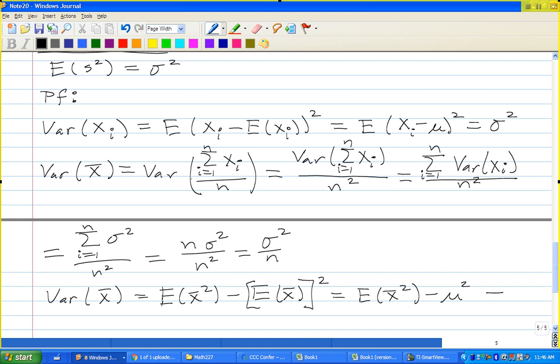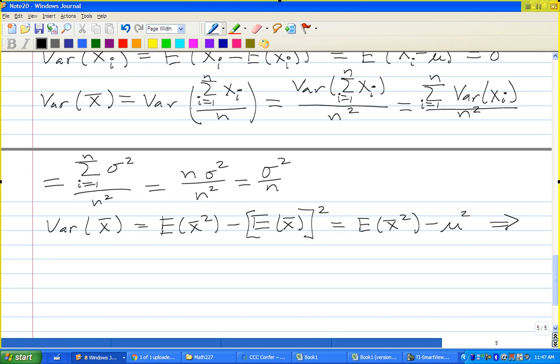And so, since we already showed that that's equal to sigma squared over n, we get that sigma squared over n is the expected value of x bar squared minus mu squared.